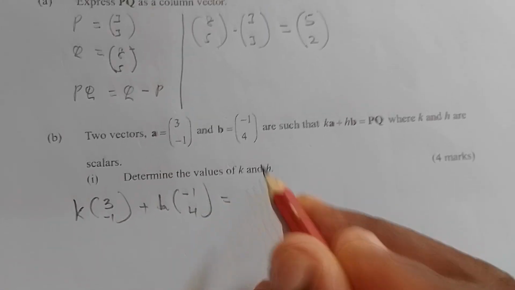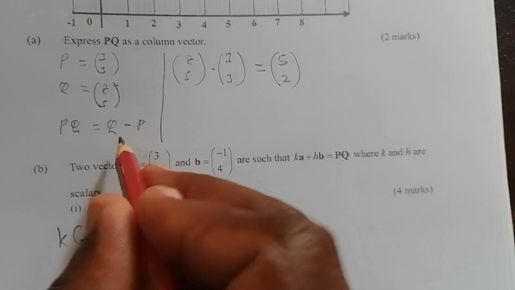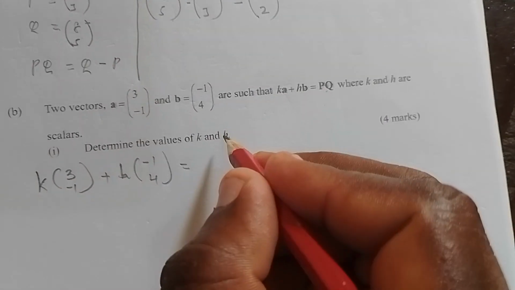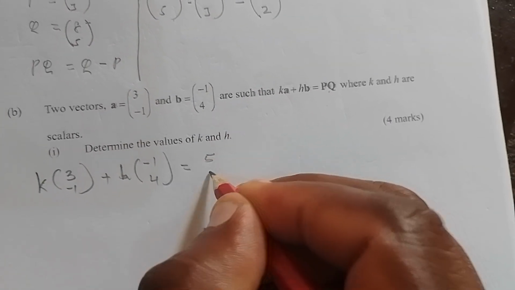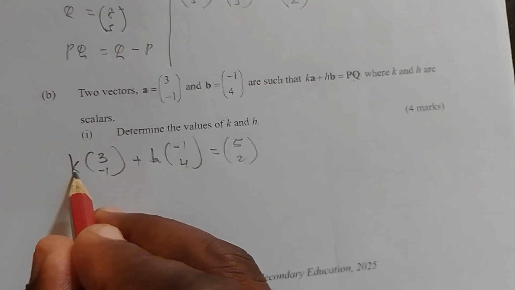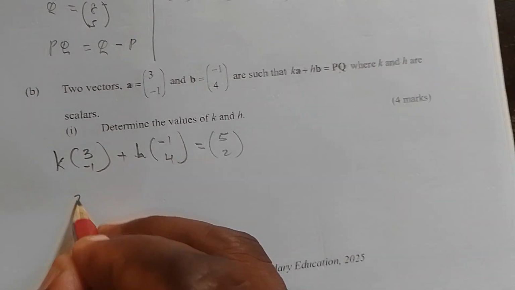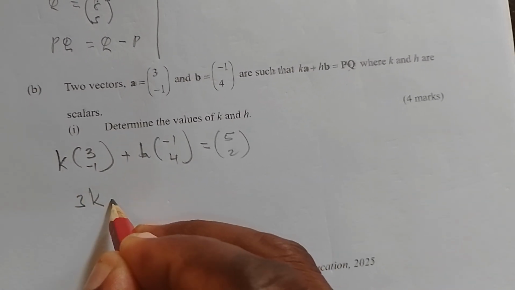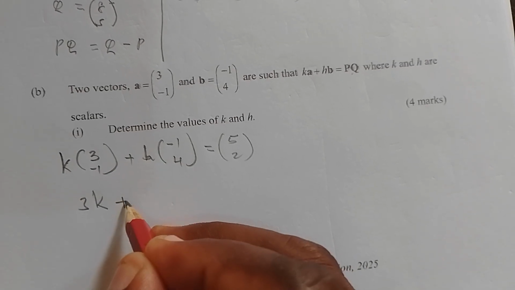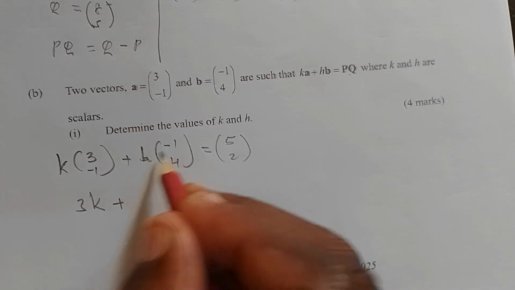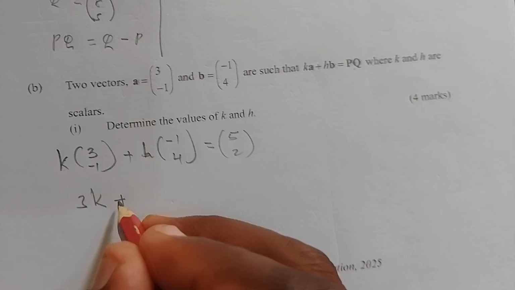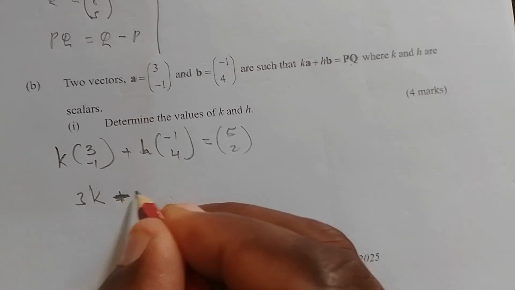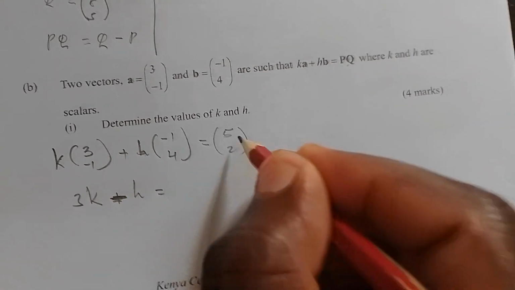This one should give us PQ. But what is PQ? It is (5, 2). So if I just take K times 3, that gives 3K, and H times minus 1 will be minus H, so 3K minus H is equal to 5.